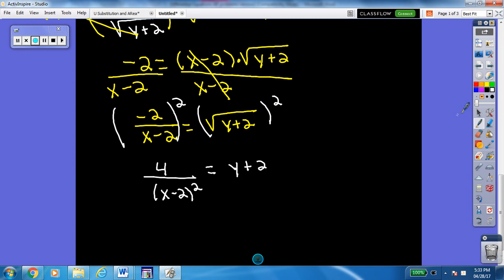Of course, now we're just going to subtract the 2 from both sides. And so y will equal 4 over the quantity x minus 2 squared, and then we're just going to subtract 2. And that's our answer. So the last step is to consider the domain.